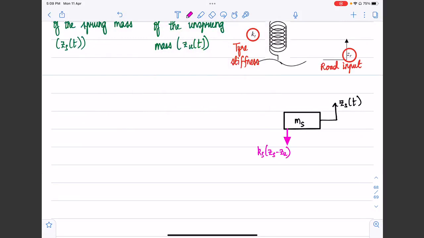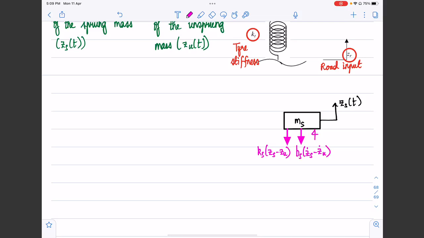That will be the restoring force from the spring, assuming a linear spring and a linear shock absorber. The force applied on the mass due to the motion is going to be Bs times (Zs dot minus Zu dot), Bs being the damping coefficient of the suspension damping element.